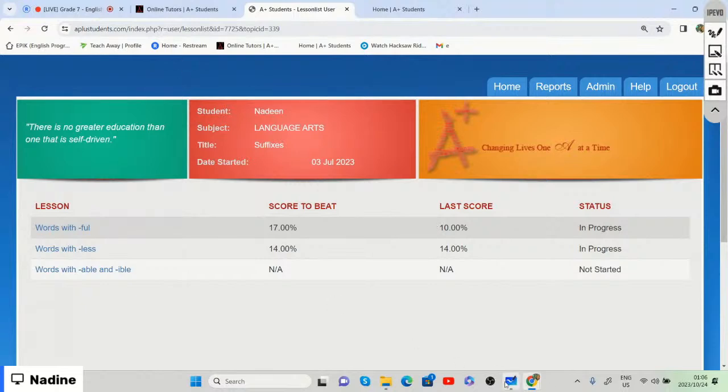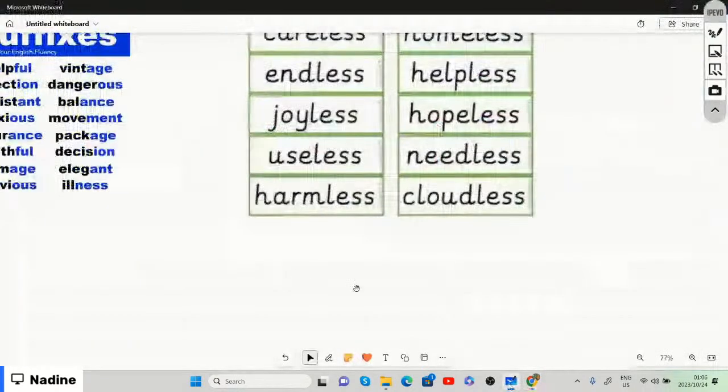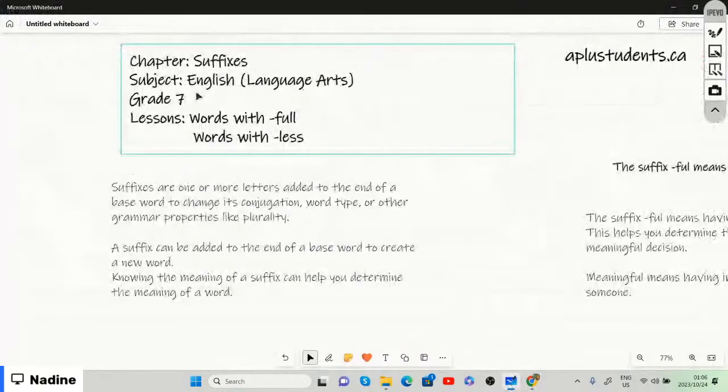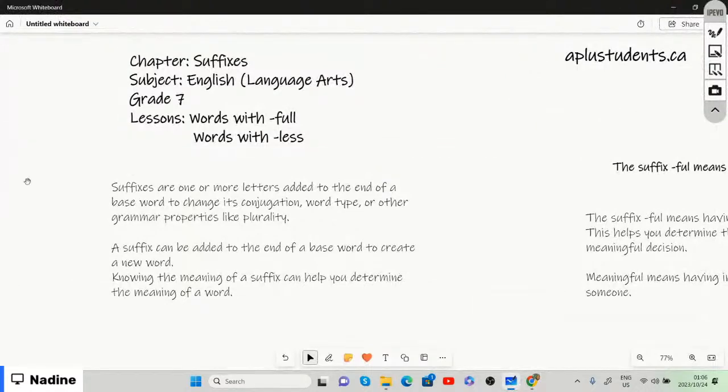All right. And we said our chapter is suffixes, our subject is English language arts, grade 7.